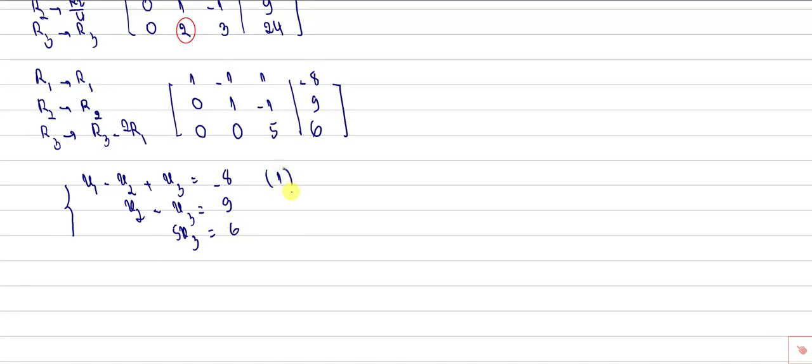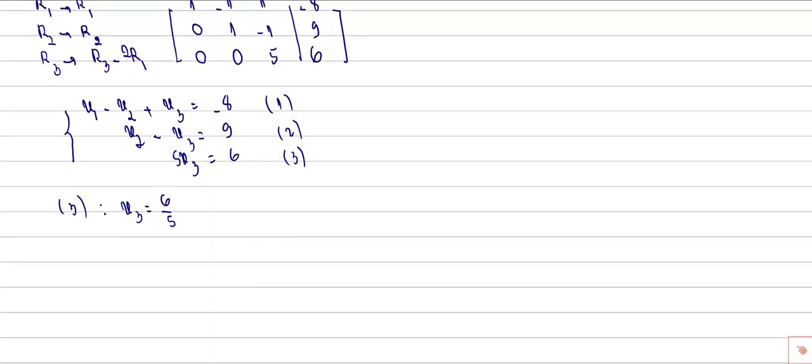This is equation 1, equation 2 and equation 3. So from equation 3, we got x3 is equal to 6 over 5.